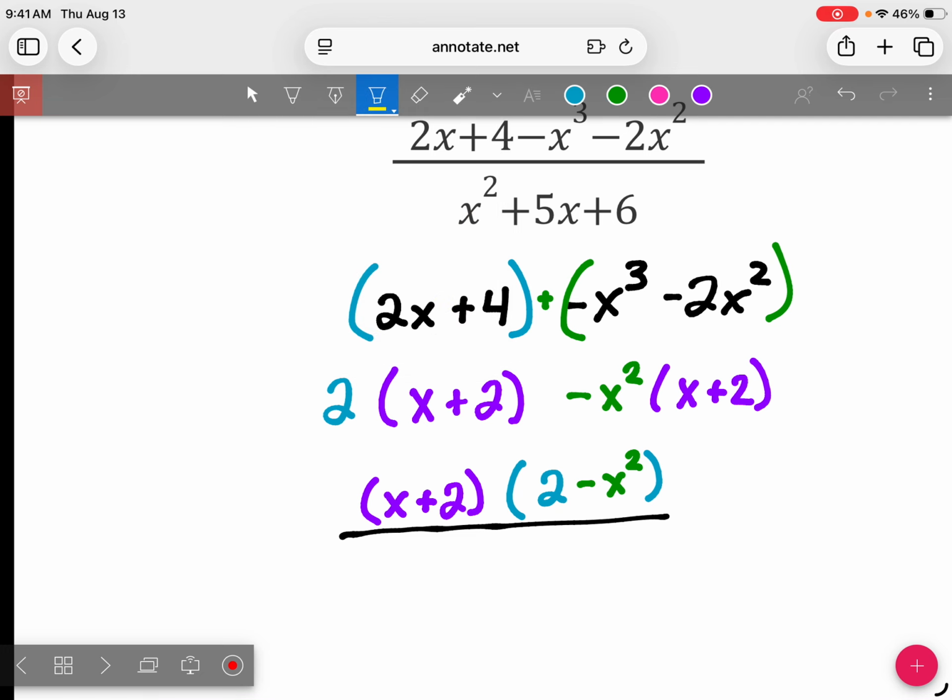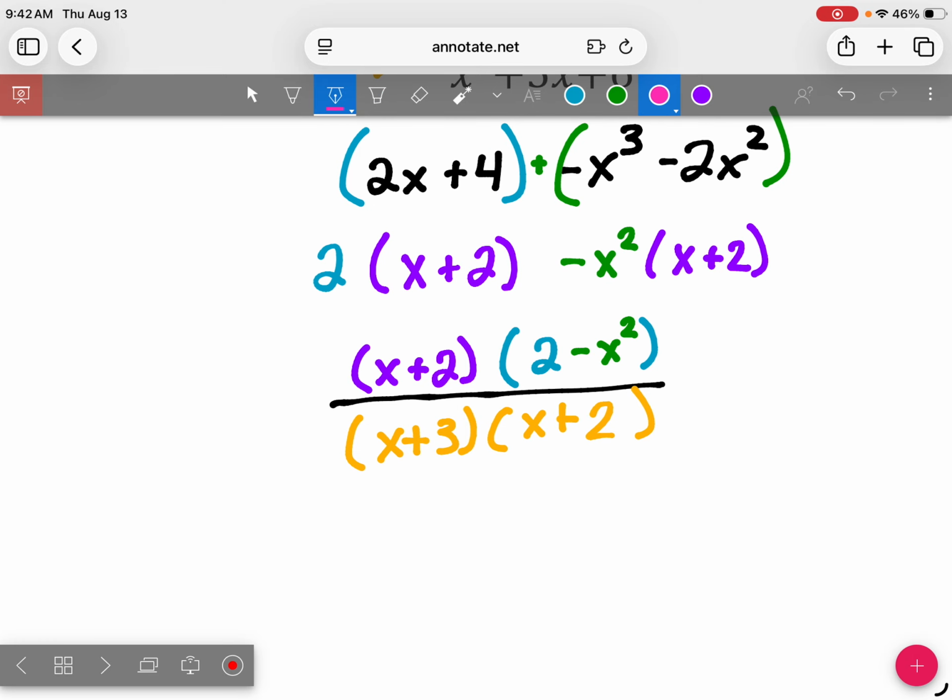So our numerator factors down to this. What does our denominator factor down to be? What do we know that multiplies to be 6 and adds to be 5? X plus 3 and x plus 2. Do we have anything that can simplify?